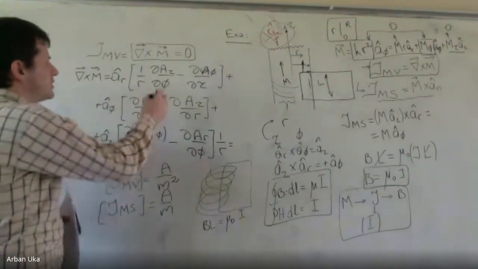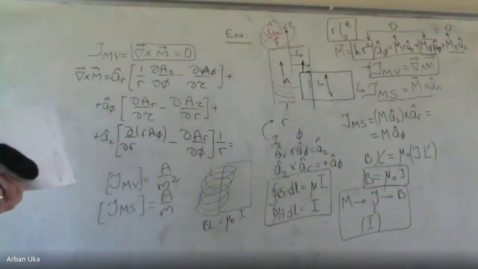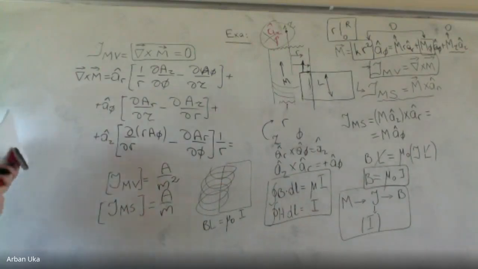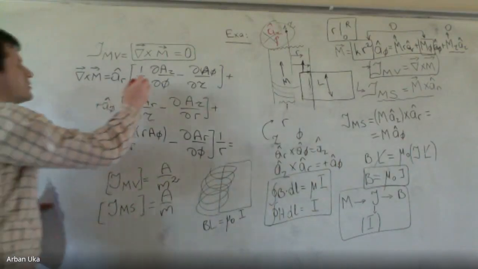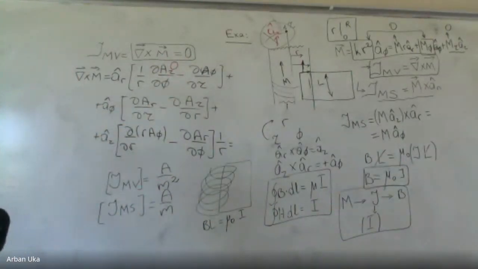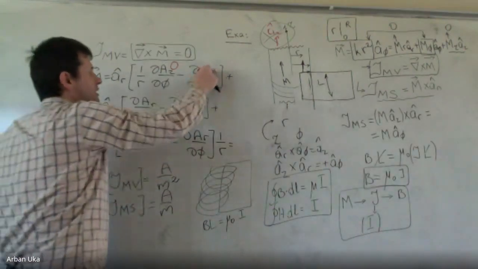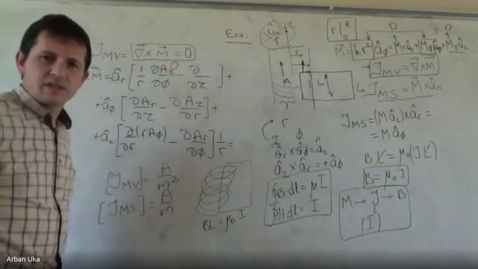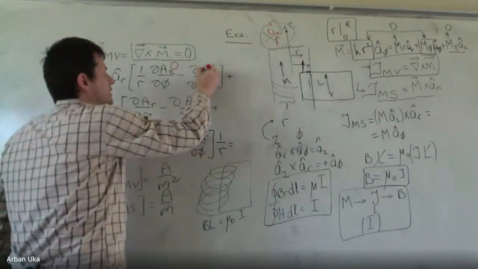The Z component is 0. So this A_Z is 0. We have the A phi. Instead of A phi, we can write K R squared.